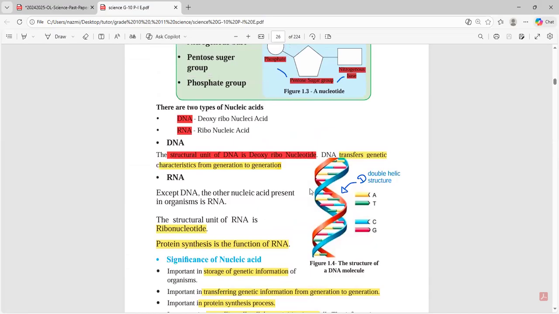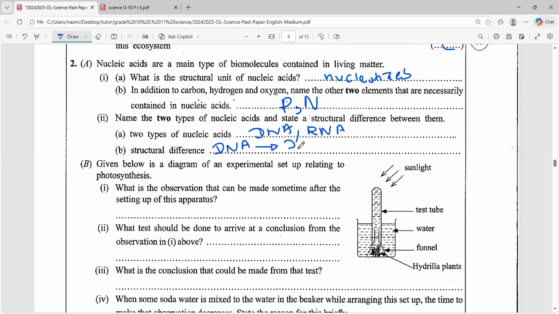The only information they have given is that DNA is made up of deoxyribonucleotides and RNA is made up of ribonucleotides. So that is the structural difference you have to tell. What did you write?